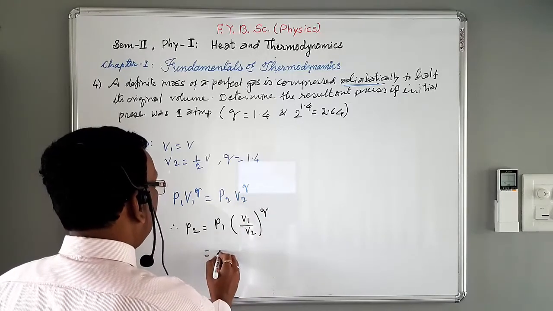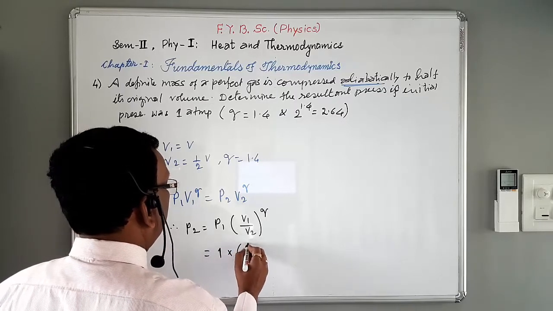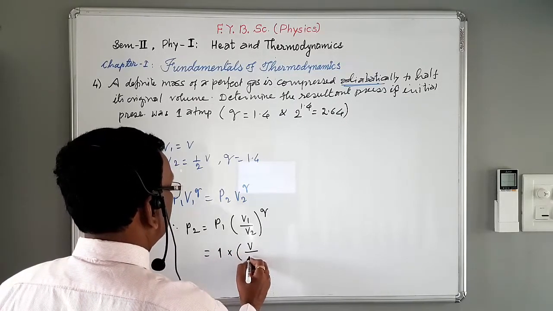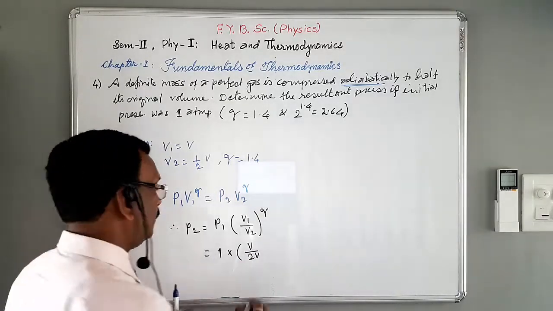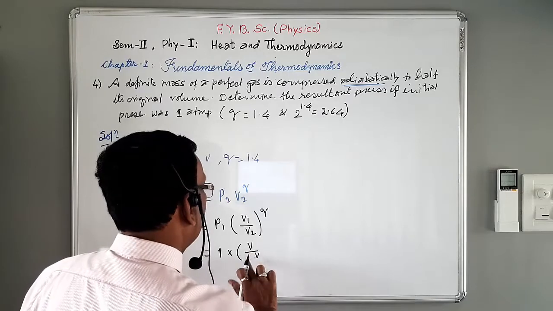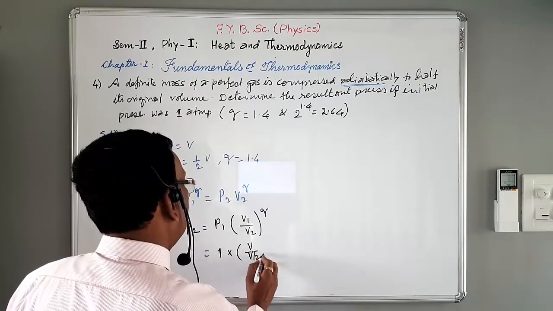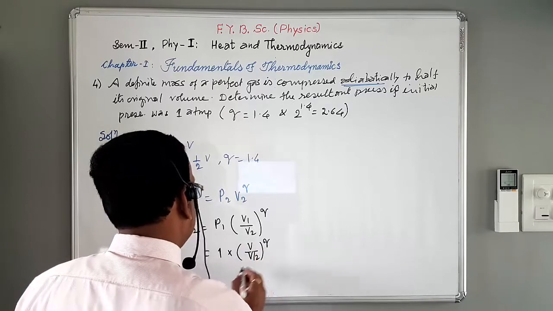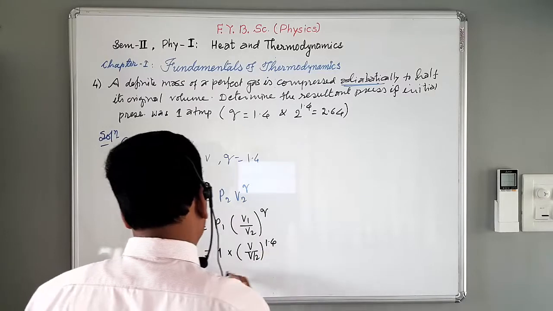What is the value of P1? 1 atmosphere. Then what is the value of V1? V upon the final value V by 2, raised to gamma. Gamma is also given, 1.4.